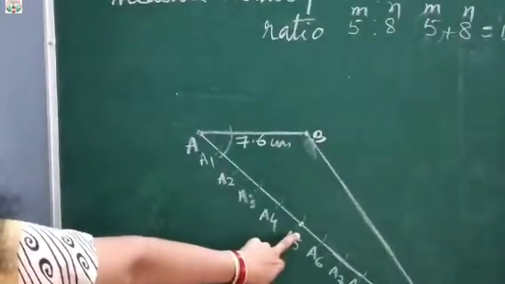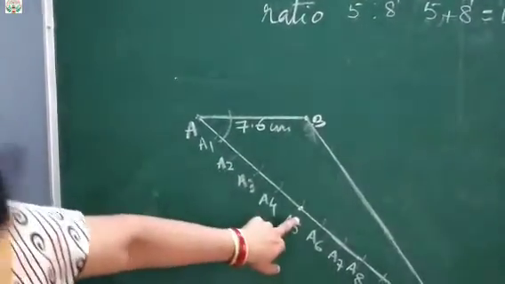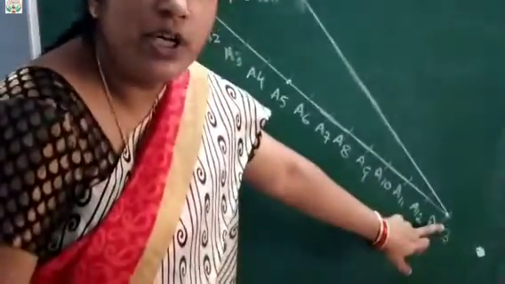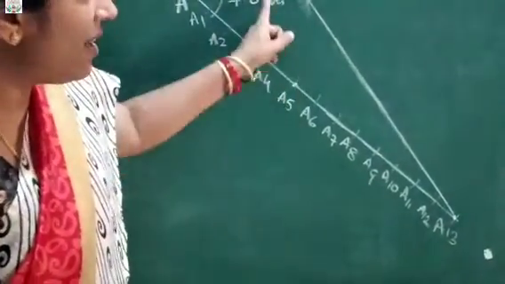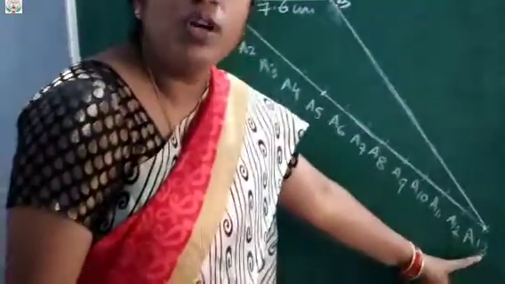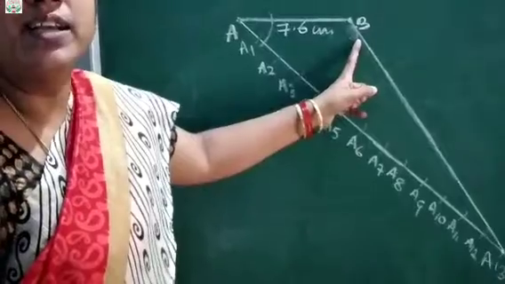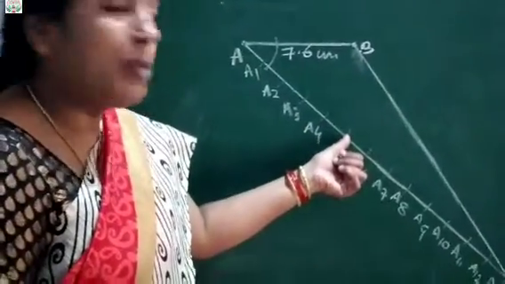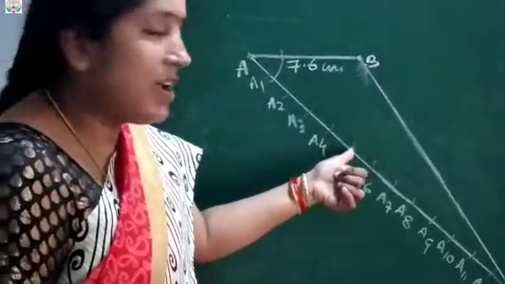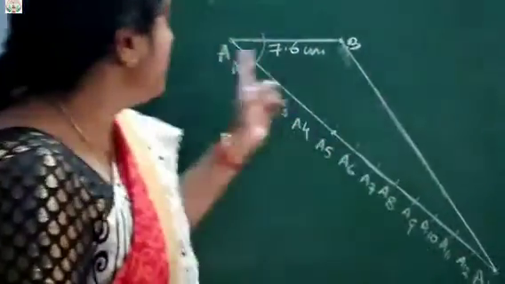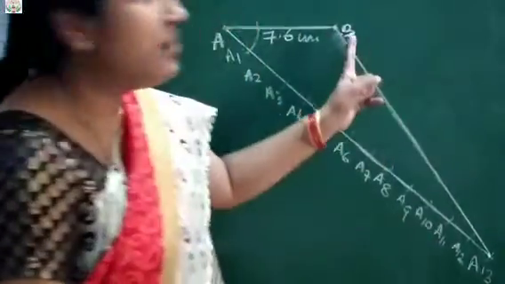At A5 we will draw the same angle as A13B, so that we draw a line at A5 parallel to A13B.